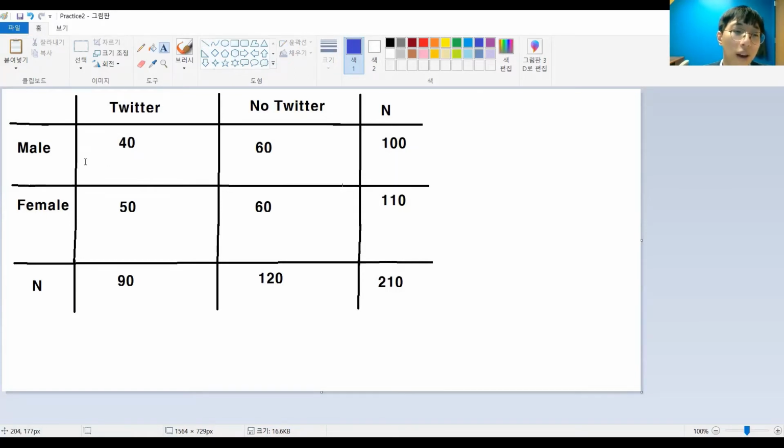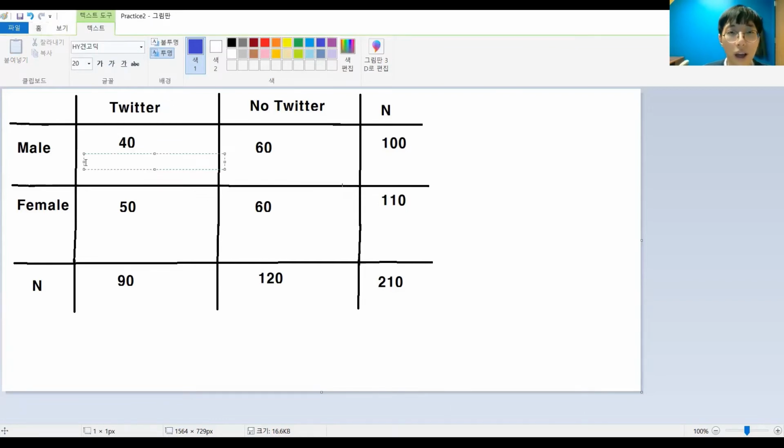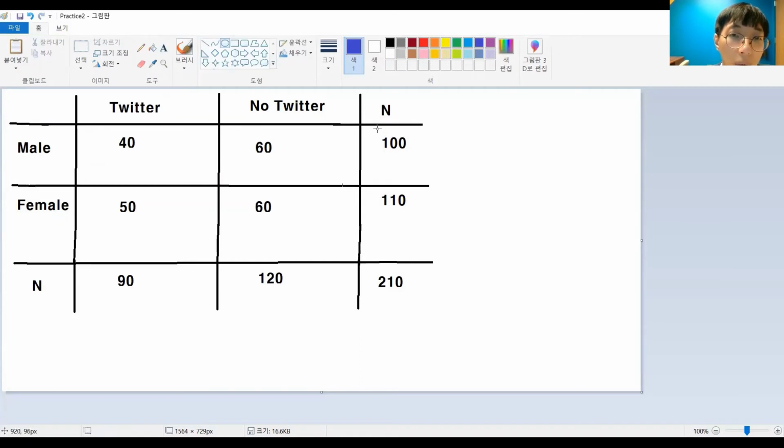So how to calculate the expected frequency for male with Twitter account? It is calculated by the marginal total for male times the marginal total for Twitter, divided by the whole number. So you will multiply this number by this number and divide it by this number. Is that easy to follow? I hope so.